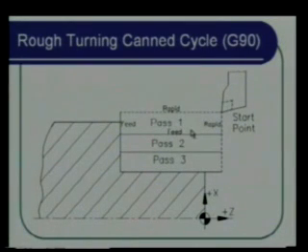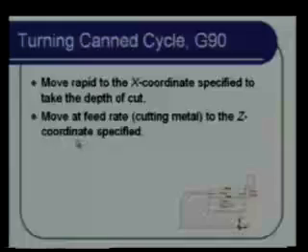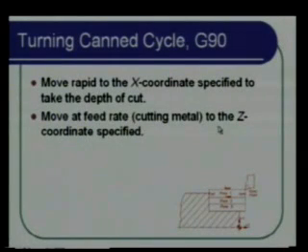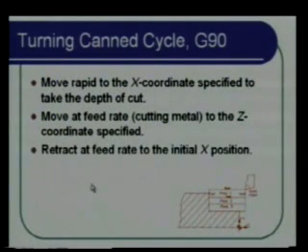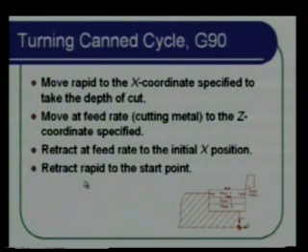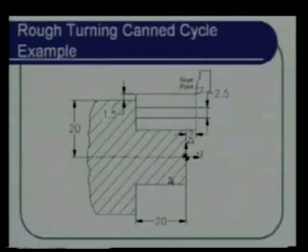What I am going to do is use the rough turning cycle, where these 4 moves are embedded into one cycle. Move rapid to the X coordinate specified to take the depth of cut. Move at feed rate, cutting the metal to the Z coordinate specified. Retract at feed rate and then retract to the start point.